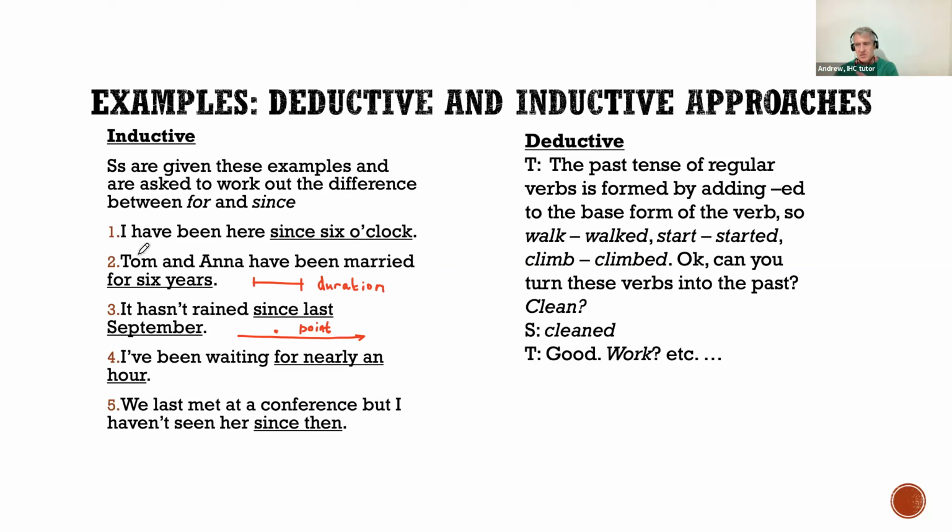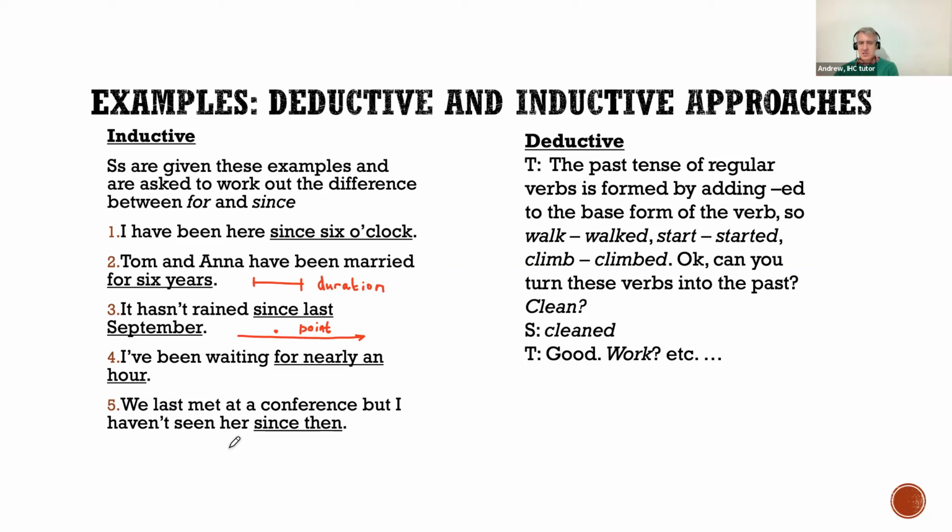Right? And sometimes they can express the rule, or sometimes we can give them something to tick. Okay, which is true about for or since? For is about a point in time, or for is a duration in time, yeah?